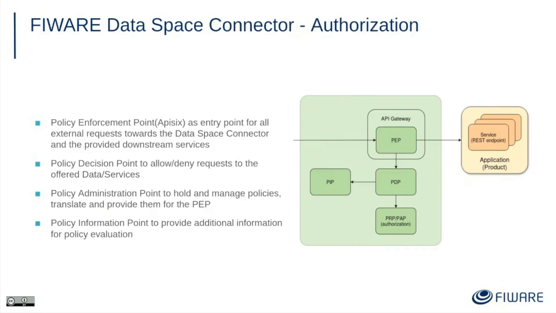There are other things that could come from a policy information point. But yeah, that's the fourth component as part of our authorization services. And that's the, let's say, very common PXP architecture. That's the second set of components that you will have essentially in every provider-side data space connector in a FIWARE data space.